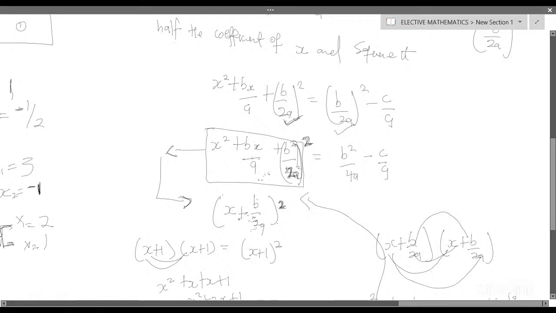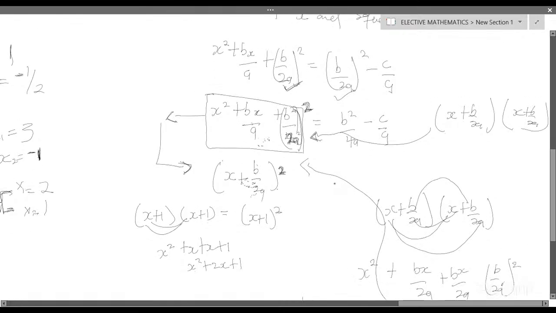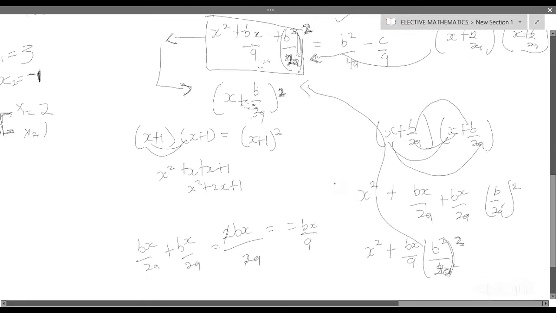And how would you know whether this condensing that you've done is true? You expand this. How do you expand it? x plus b over 2a multiplying x plus b over 2a. When you expand this, you have to get this. And that is what we did. We expanded it, and after expanding, what did we get?